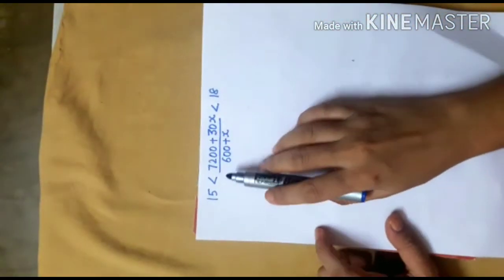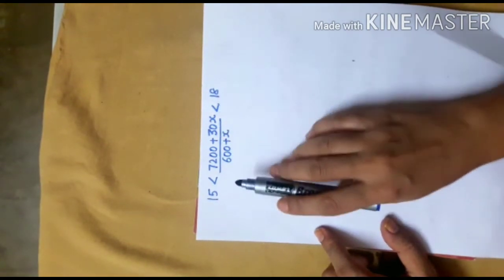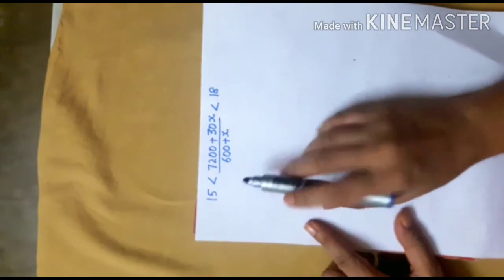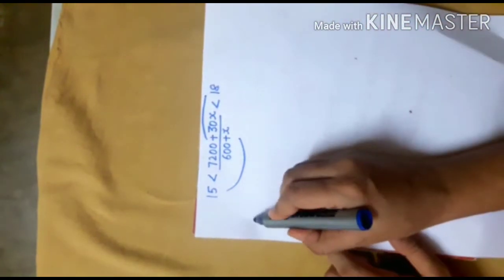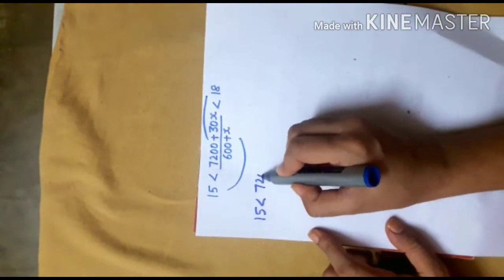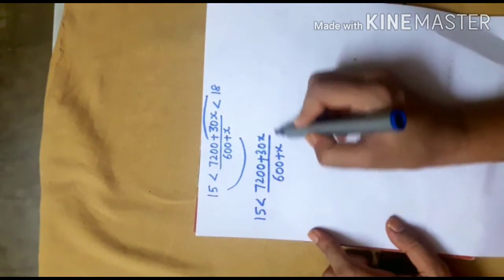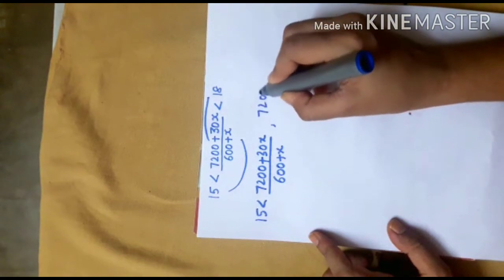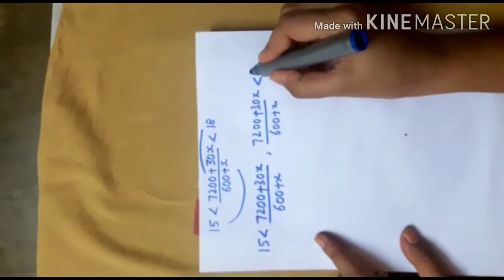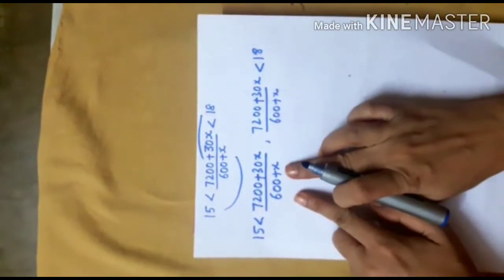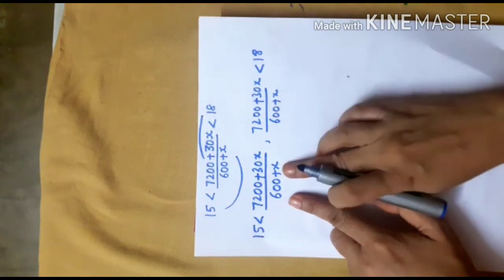So I have to solve this double inequality. This double inequality is actually a system of inequalities in which there are two inequalities. First is this and second is this. So I need to find out their common solution.